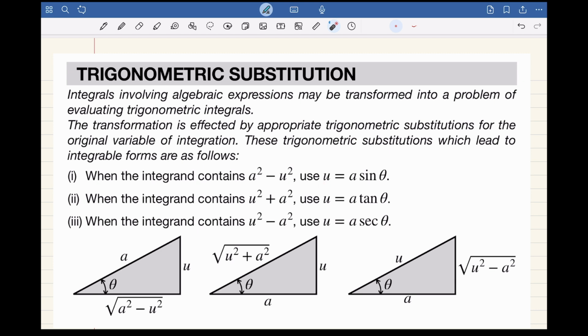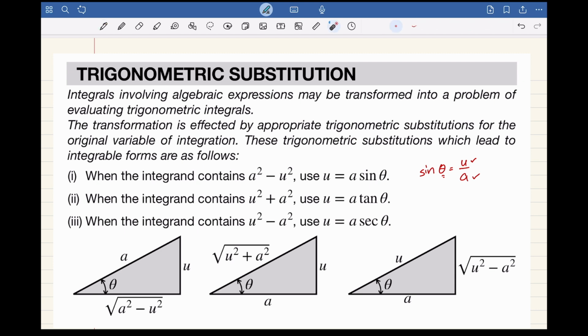When we get the corresponding sine function of case 1, we have sine theta is equal to u all over a, where we can see that u is the opposite side of the angle theta and a is the hypotenuse of the right triangle.